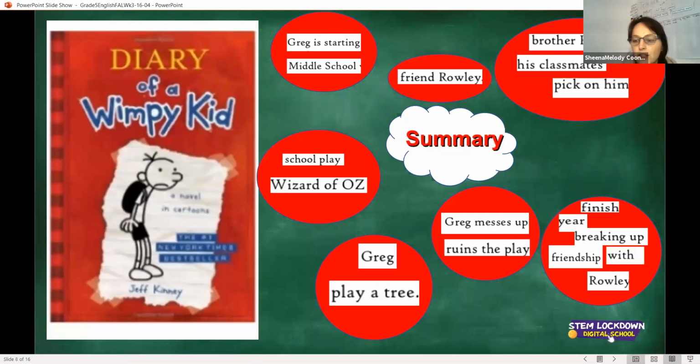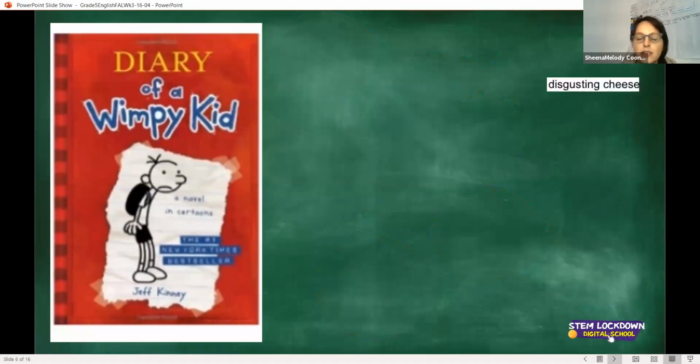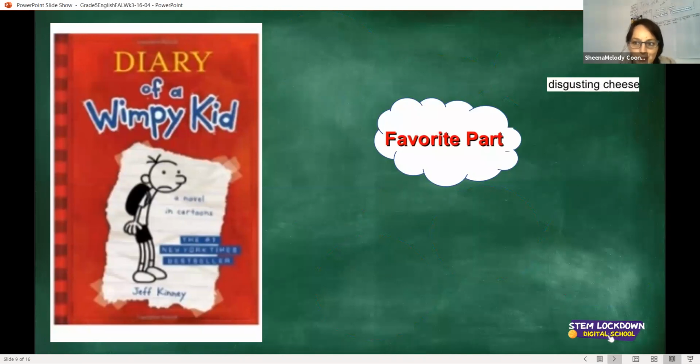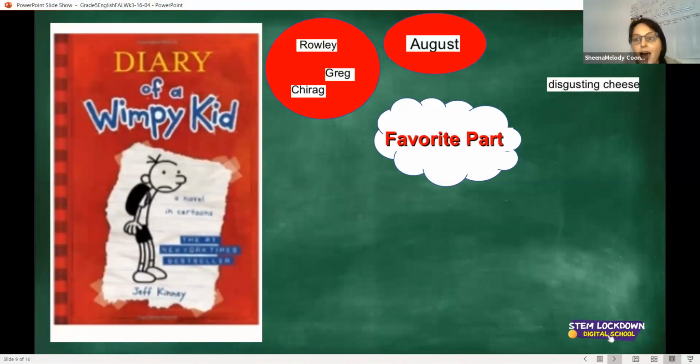Okay. So now we're going to the favorite part of the story. When we are scanning the story, the favorite part, I thought for me, but you might have a different one depending on the book you're reading. But for this particular book, it was Rowley and Greg and Chirag, and this happened in the month of August.